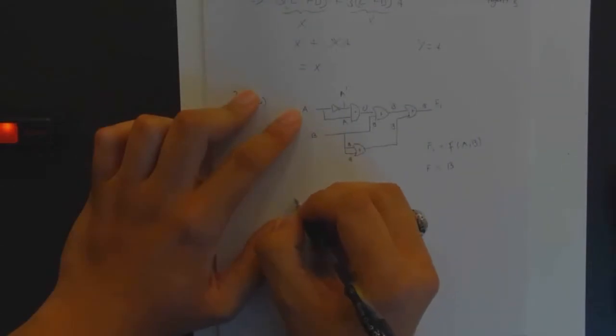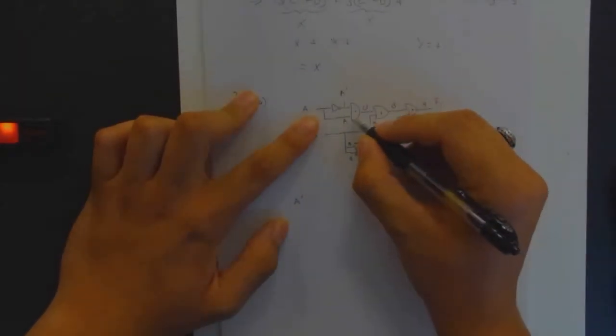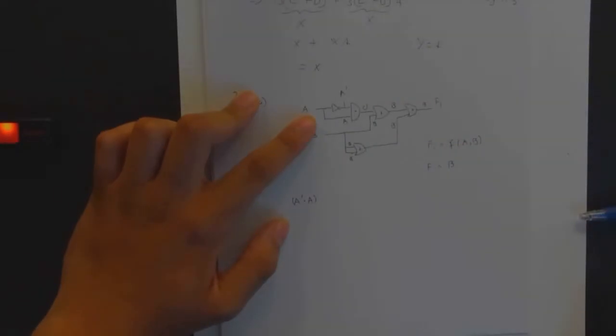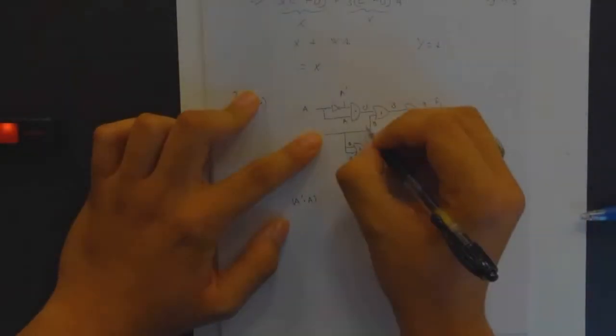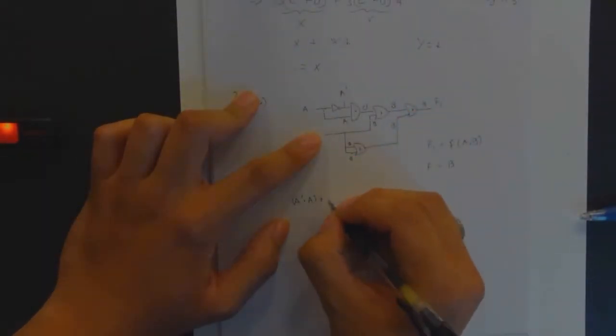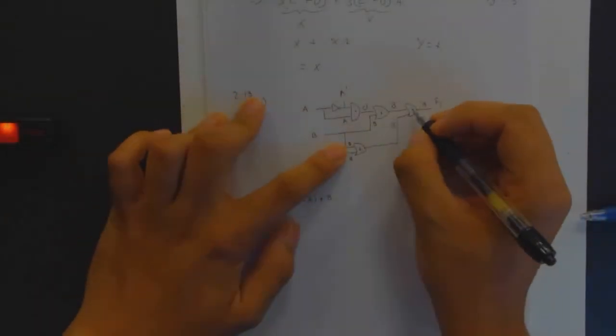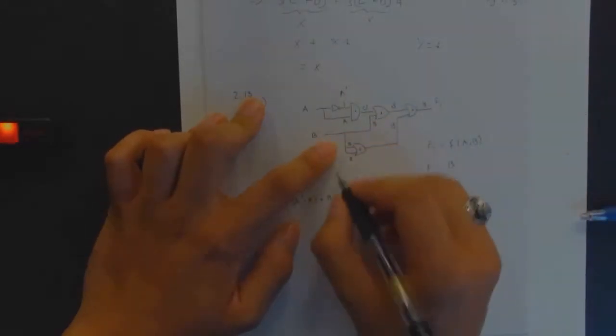How do we write the more complex form? Well, we're going to just start again over here. What's the first thing that happens? A gets complemented, right? So the first operation we do is A complement. What's the next thing? Dot A. That is ORed with B. And then we end up here.